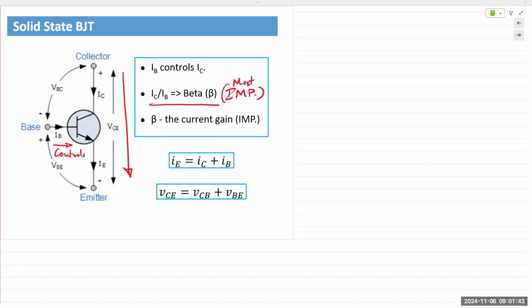All right, so as I was saying, IB controls IC. The relationship of IC and IB is termed as beta and is the most important parameter for a BJT. It is a parameter that is specified on the spec sheet. Similar to the FET, the manufacturing process cannot control everything exactly the same.